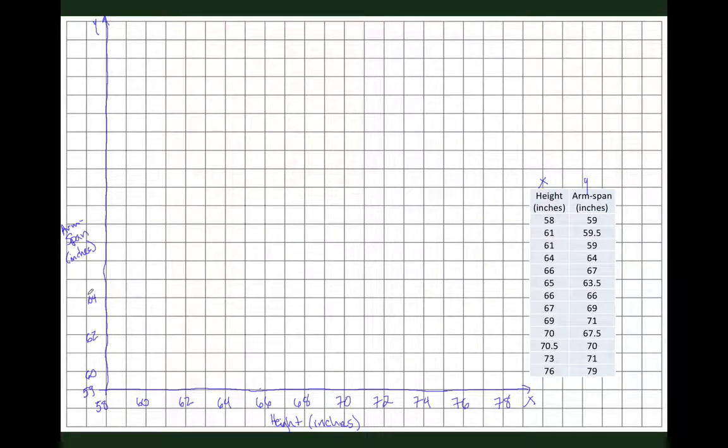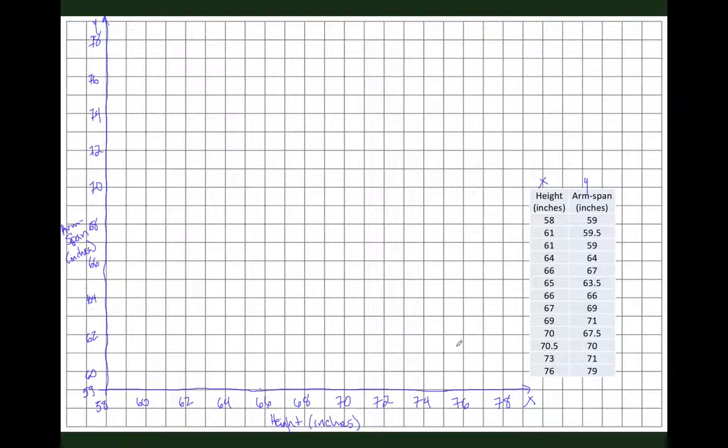What I'm doing right now, sometimes we say this is scaling the axis, because I'm establishing what each of those boxes, the distances, mean here, or how far apart they are. 78, and this last one will be my 79.